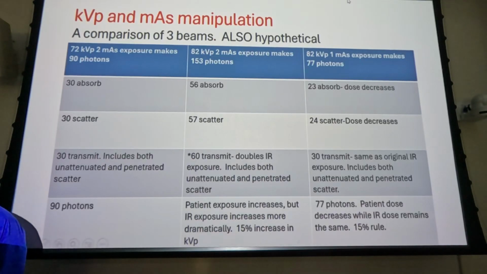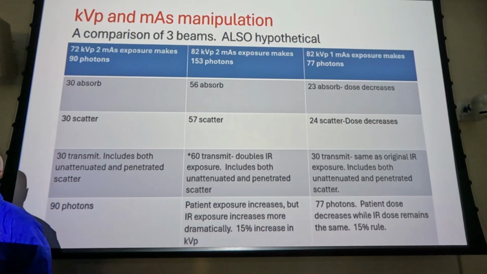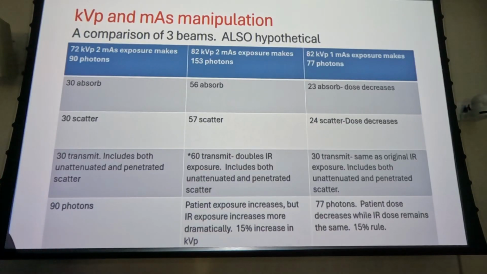But there's two things at play here: the numbers versus the percentage. What happens as we increase our kVp is the numbers increase. That's absolutely true. You increase your kVp and that's the only thing you do, the numbers are going to go up. But the percentage of increase is not going to double, or is not going to increase as dramatically.